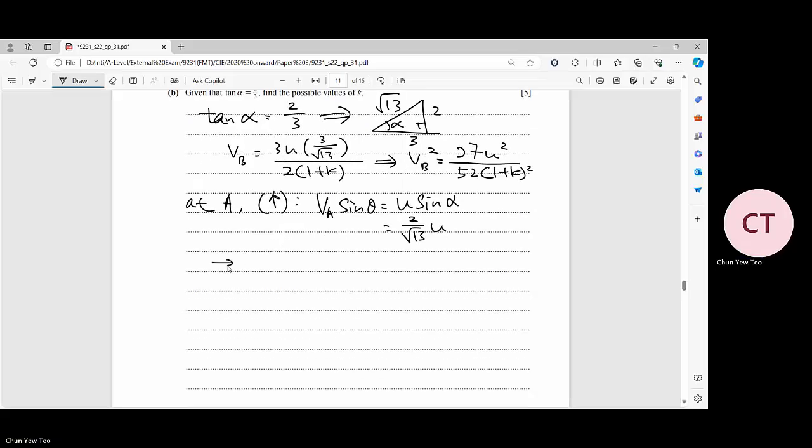Then just now from part A, we have va cos theta is (2 minus k) u cos alpha over 2(1 plus k), and this cos alpha is 3 over root 13.